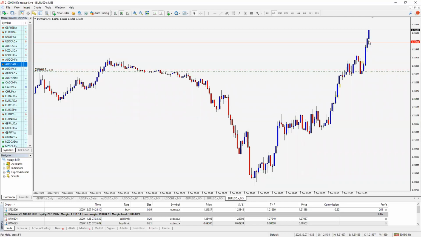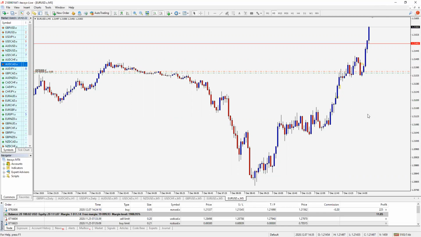Look, this is just gaining momentum, correct? This is just moving higher and higher. So as long as there's no slowing momentum, there's no reason for me to do something about it. I just need to let it run.